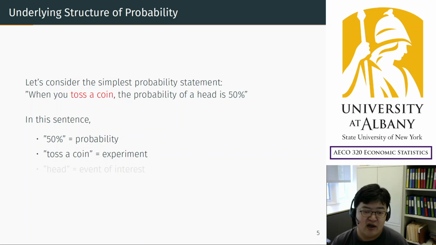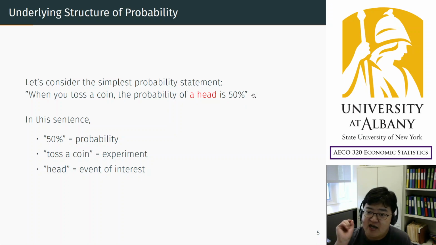If it was not a coin, but a different shaped object, like a dice, then the probability of head may be different. So you have to define what you throw. And third, when you say 50%, it is attached to head. So we are talking about the probability of head, not tails. Head is the event of your interest.